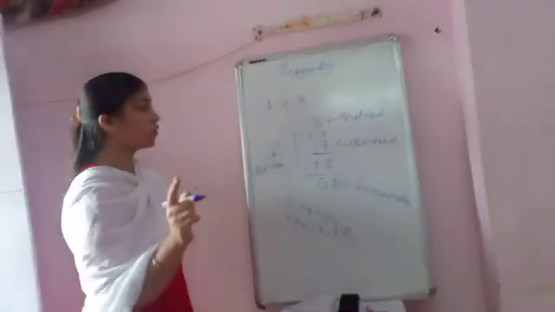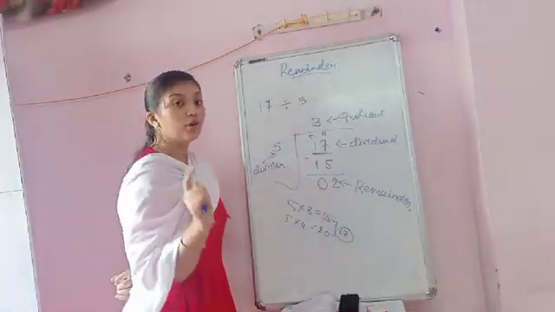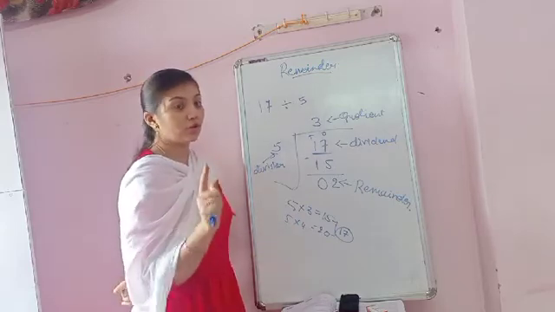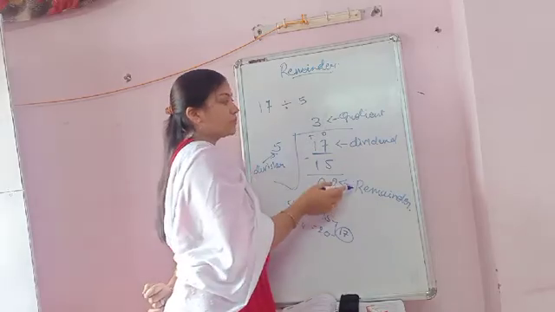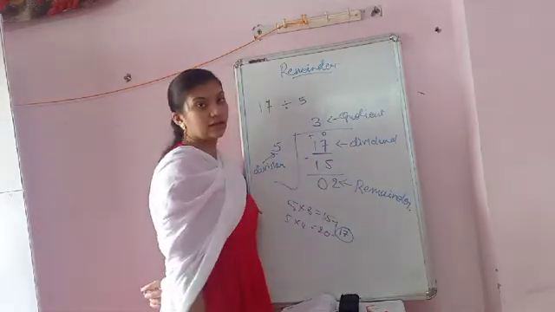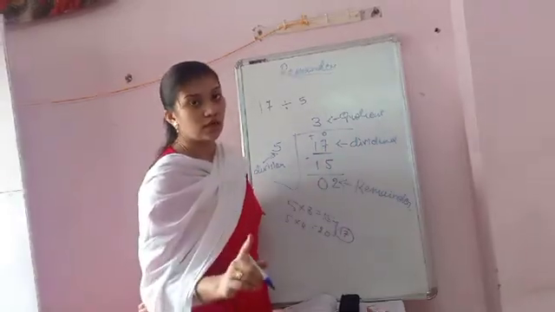Next thing, remember one thing, whenever you find out the answer, if you want to check your answer is right or wrong, you have to compulsorily check that your divisor is larger than the remainder. आपका जो remainder होगा वो divisor से छोटा ही होना चाहिए.